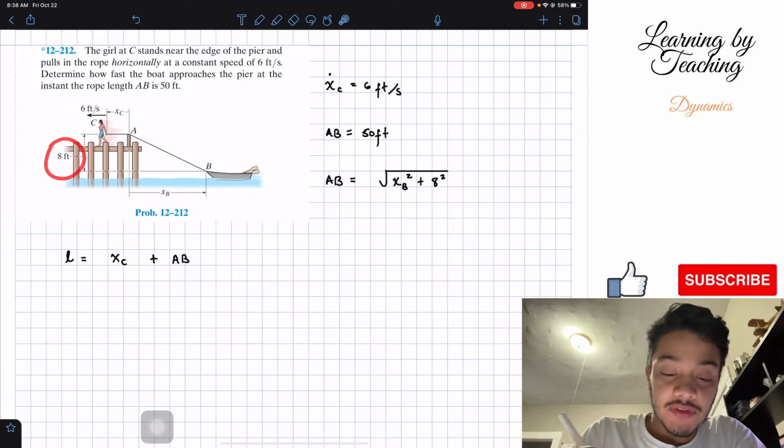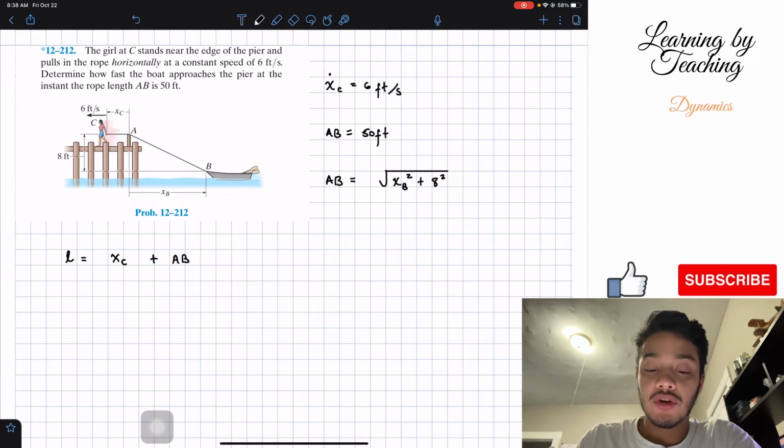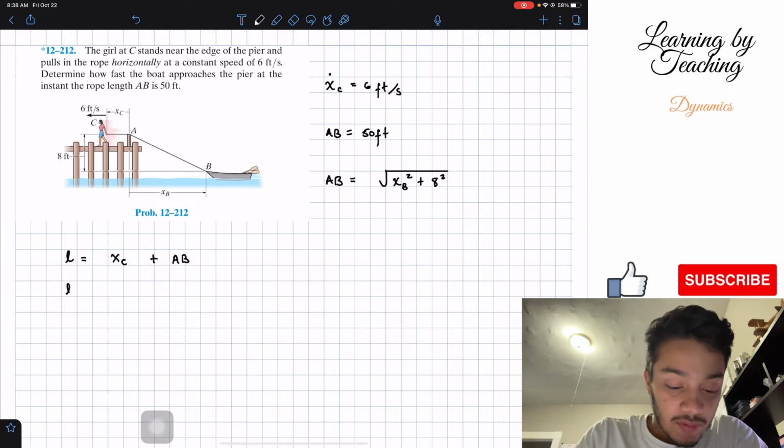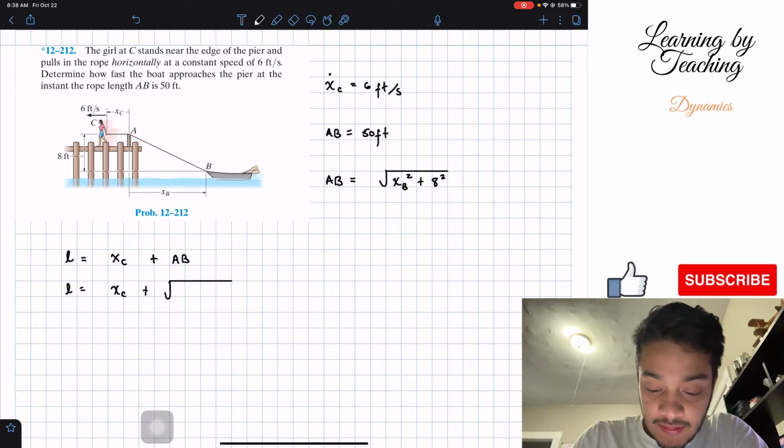As we can see here, this will be the height of my opposite. So let's replace that into our equation. We have L is equal to XC plus the square root of XB squared plus 8 squared.